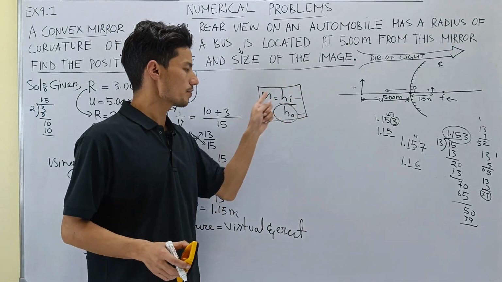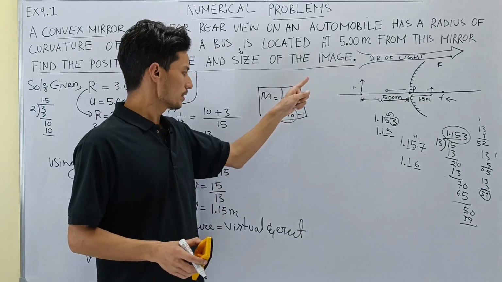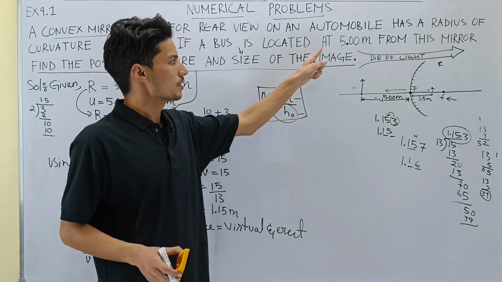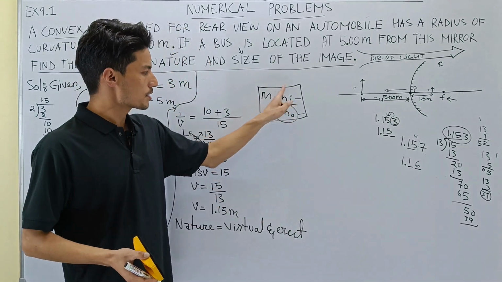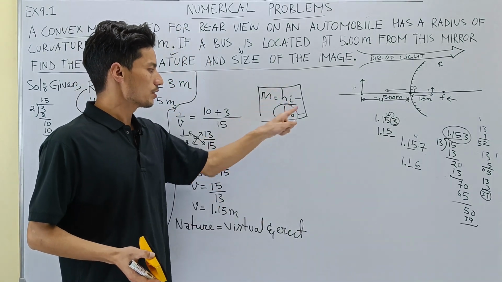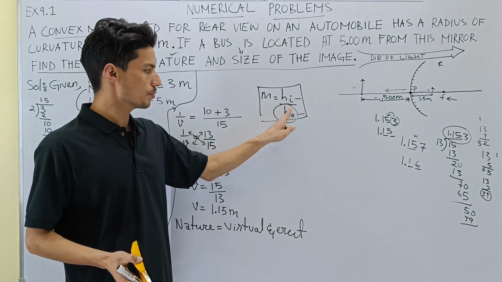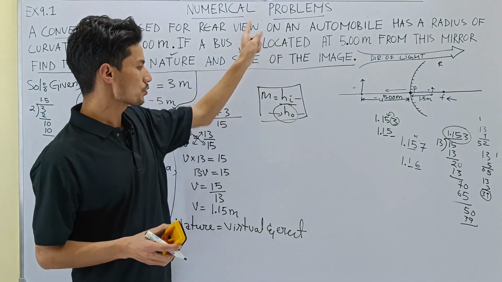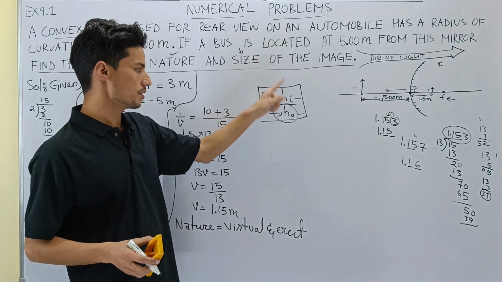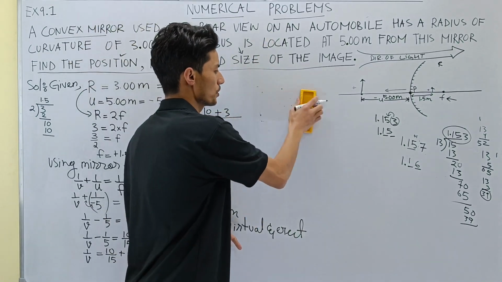Those students who are having confusion, let me clarify that you cannot be using this formula because of lack of information. We don't have ho. This formula is actually more easy, it would be very easy, but we need ho, which the question did not provide. So for this question, this formula will not be useful, so we won't be using this.